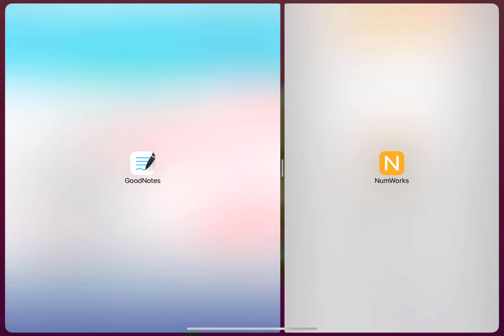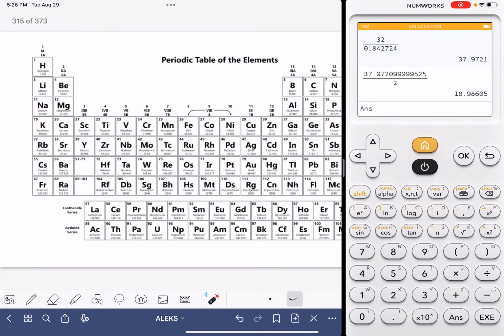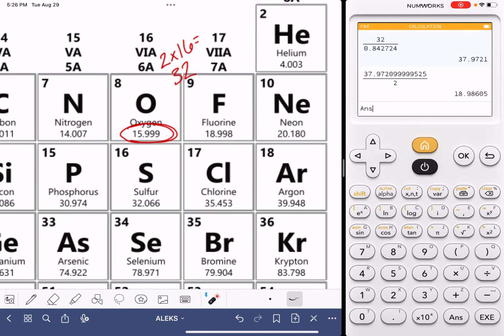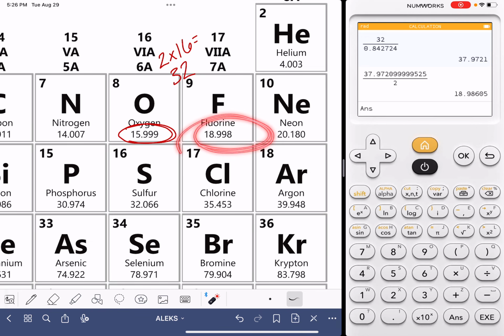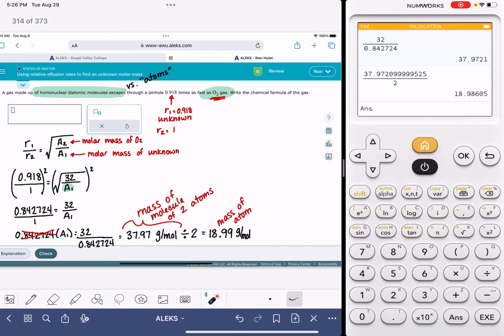Now, with that, I'm going to go to the periodic table and I'm going to look for the atom that has a mass of approximately 19. And that is fluorine. Look at how good of a match that is. So my unknown gas, my unknown atom is fluorine.